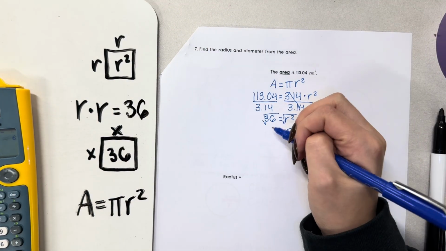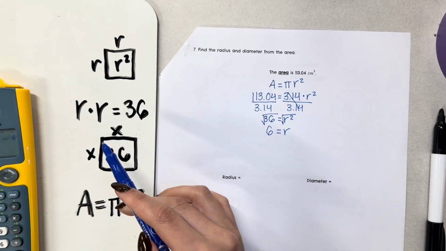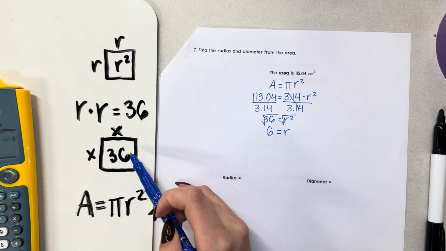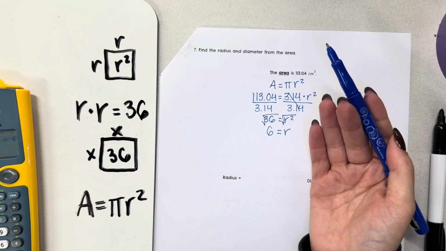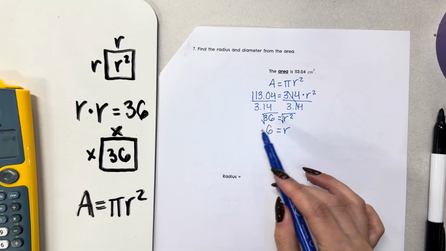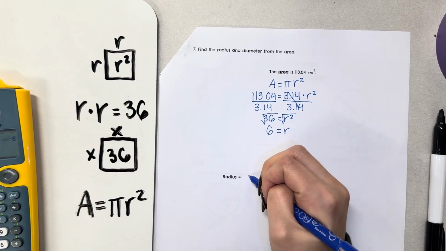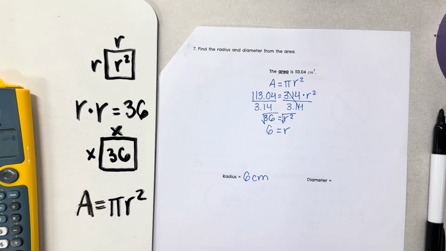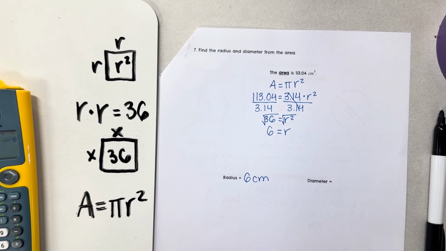Now some of you knew that because you knew 6 times 6 gets me 36. That's the number times itself that gets me 36. So my radius is 6. 6 centimeters. You thought I was about to say 6'7", didn't you?